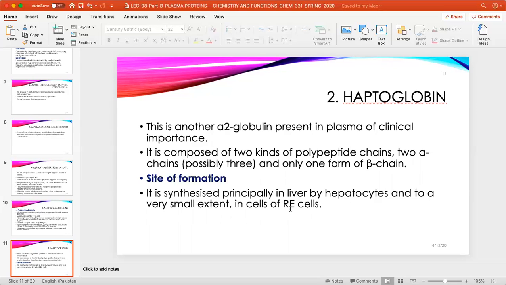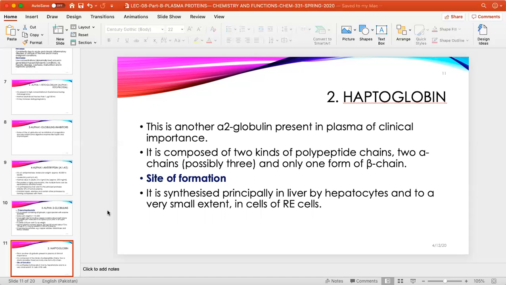Now the question is, what is meant by RE cells? RE cells are actually known as reticuloendothelial cells. These are the group of cells lining the sinusoids of the liver, spleen, and bone marrow. Sinusoids are actually irregularly shaped blood vessels.